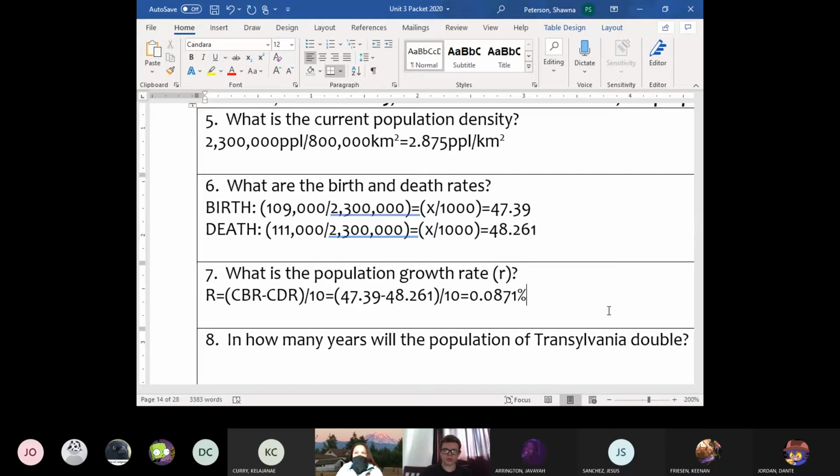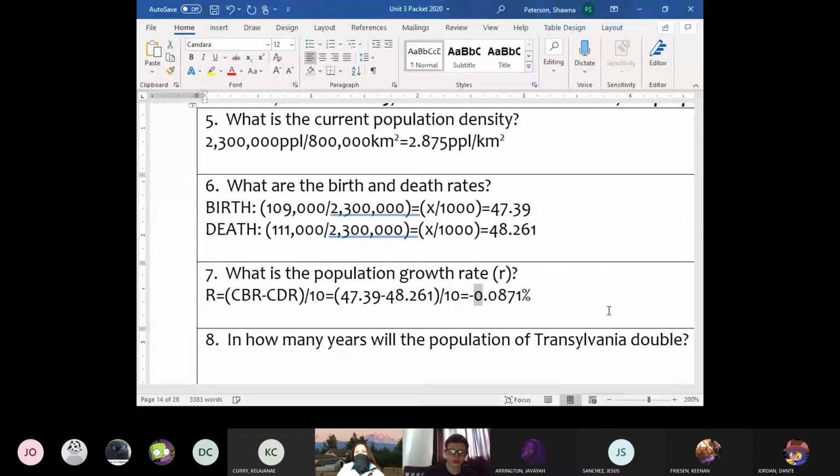Anyone that disagrees with Leland? 0.0871. I got the same thing. All right, KK says the same thing. Jesus has something a little different. Mine was negative. Okay, there you go. It is negative. 47.39 minus 48.261 is going to give you a negative.